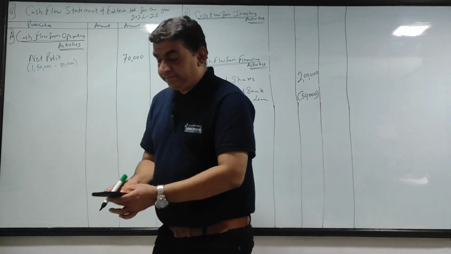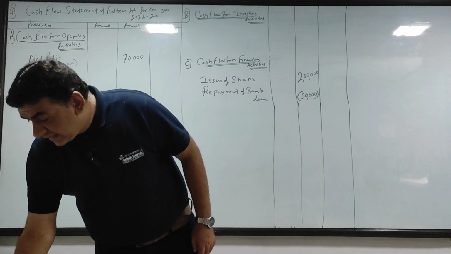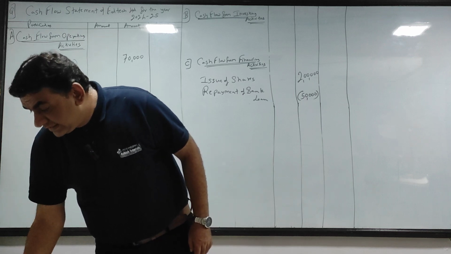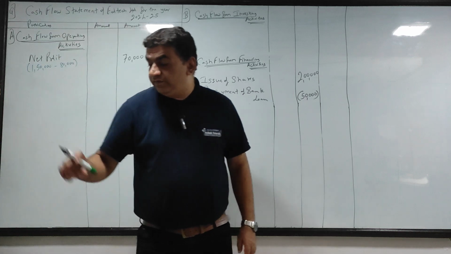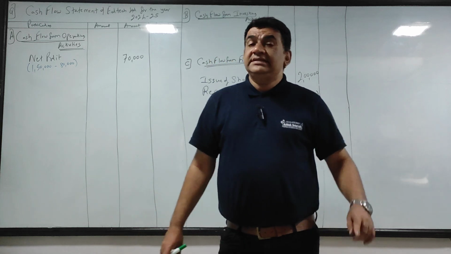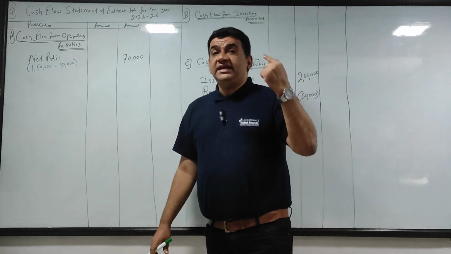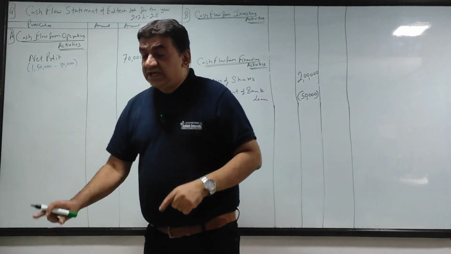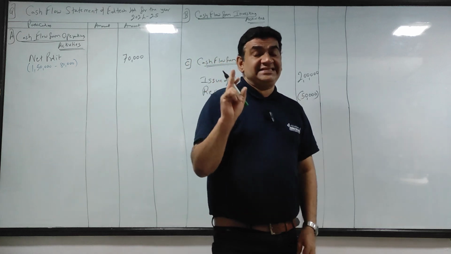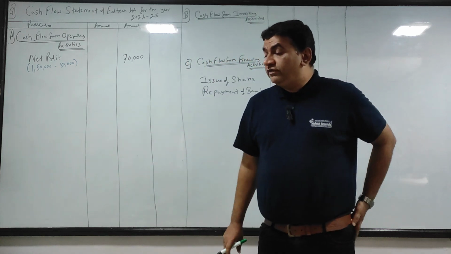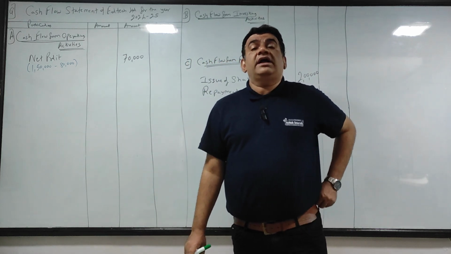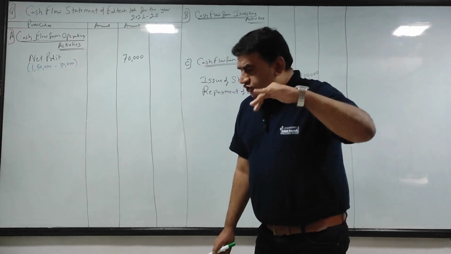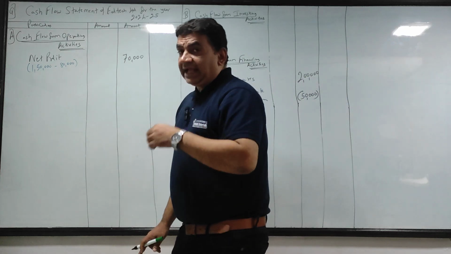Land and building. 250 has become 4 lakhs. Land and building 250 has become 4 lakhs. That means can I say a 150 increase? Last year my land and building asset value was 250, current year it has become 4 lakh.